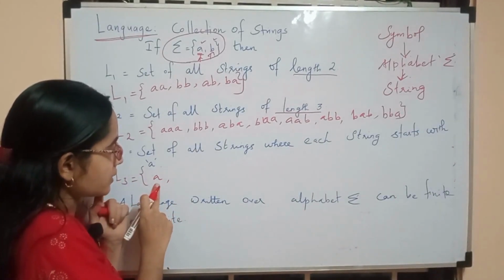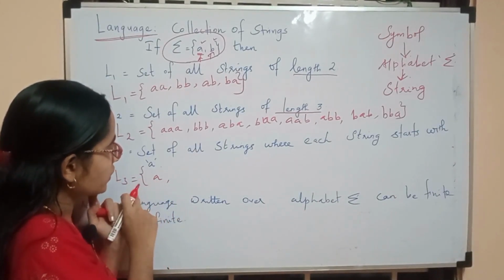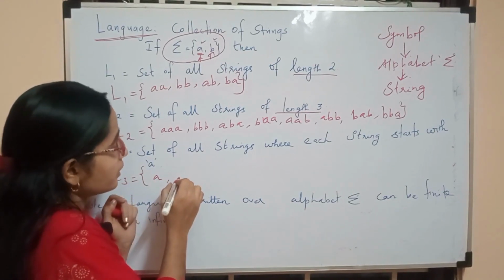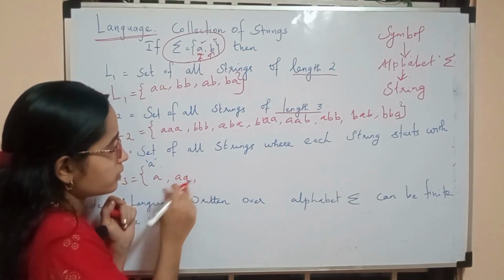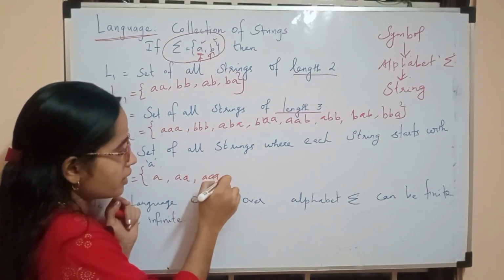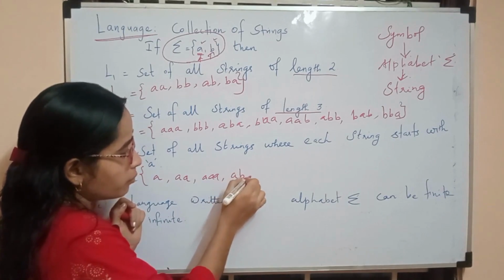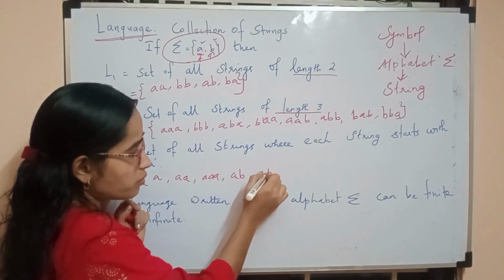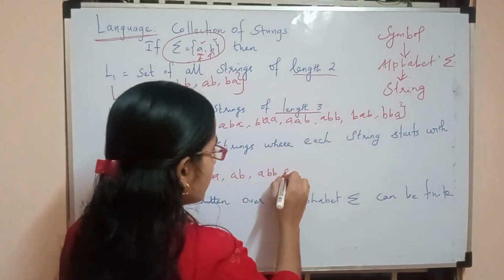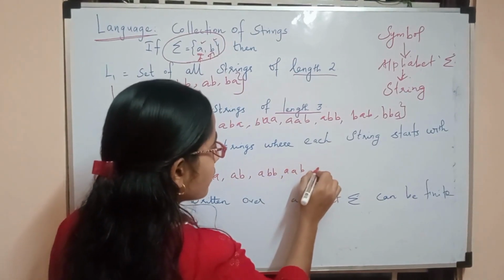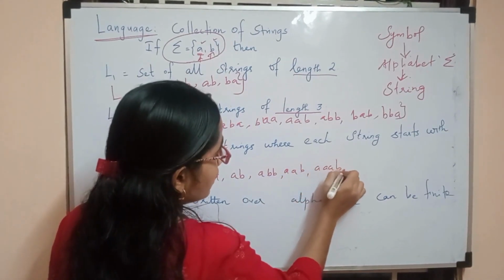So I'm taking A as a string. That will be part of L3, and I can make it AA, likewise triple A. It goes on. Apart from that, I can also have AB, ABB, and also AAB, triple AB.